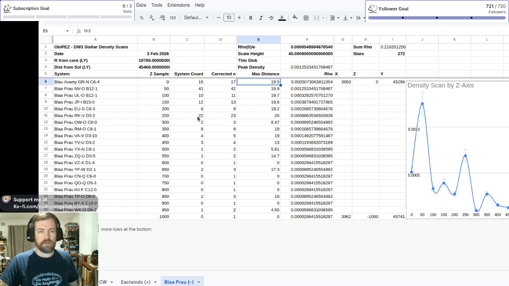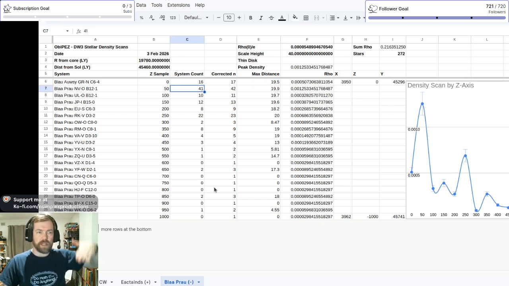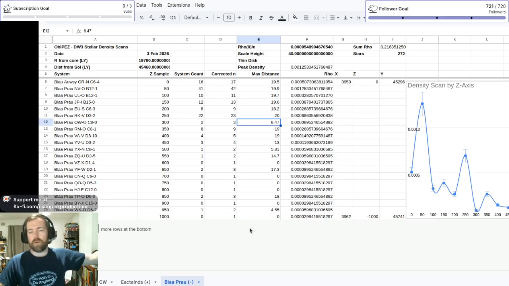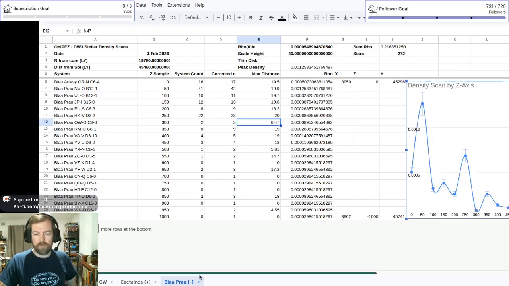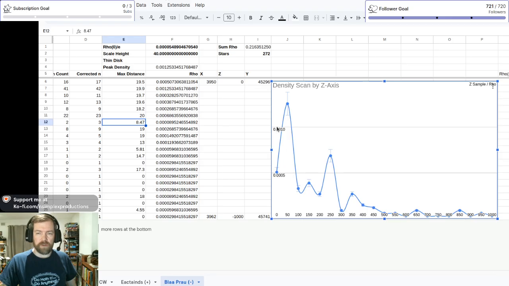In the case of, there are a total of 49 possible systems that you can get in your list before it maxes out. If your list hits 49 systems and the furthest one away is only 8.5 light years, then that means that there are a lot more. And so our density scan is going to be a lot higher in the density region.